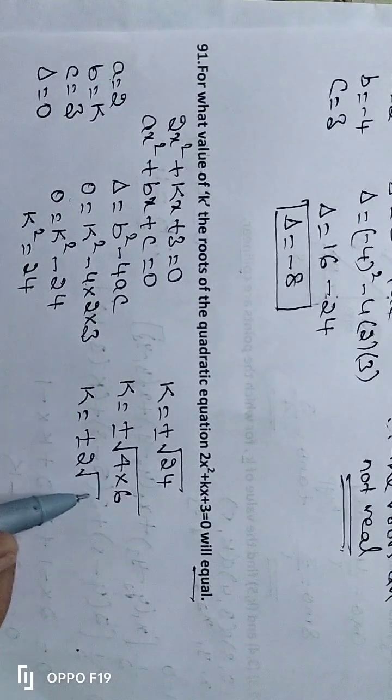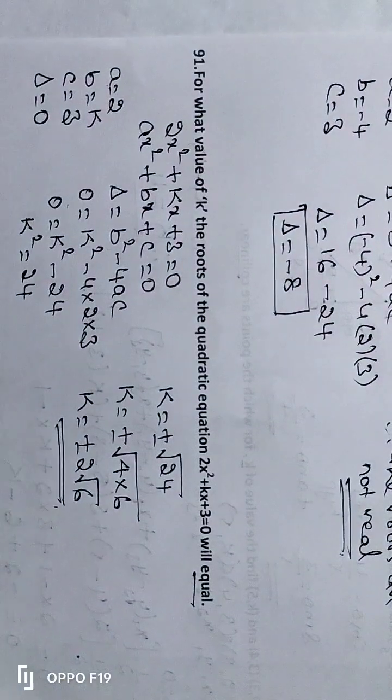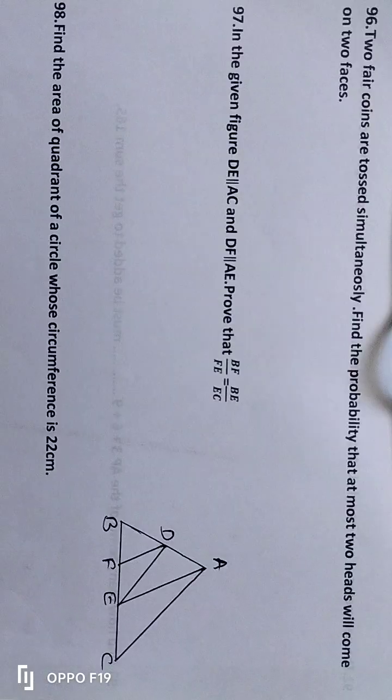It is 2, so 2 root 6. Therefore, the value of k is plus or minus 2 root 6. Like this, we have to find out the value of k when the roots of a given quadratic equation are equal. Now let us go for the next question.